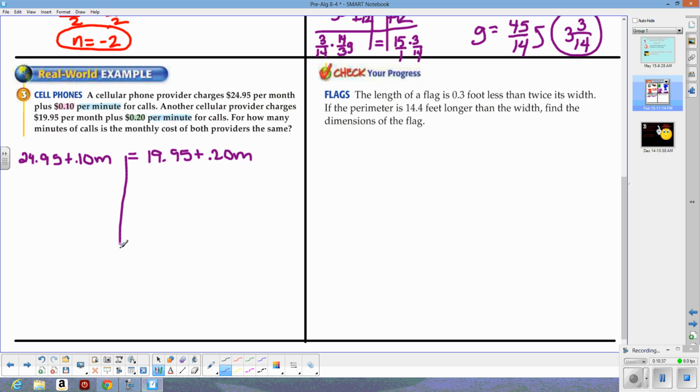Now we have variables on both sides, so I'm going to get rid of one of them. I'm going to get rid of this 10 cents per minute on the left by subtracting 10 cents per minute from each side.